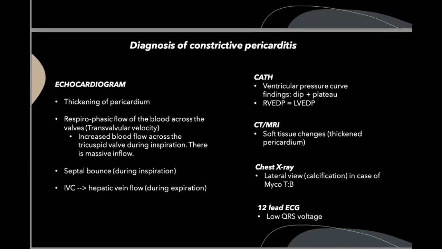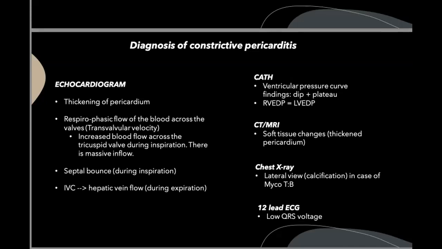Another way we can diagnose is catheterization, where we put in a catheter to measure the venous pressure and the ventricular pressure curve. We can have the jugular pressure curve, which will show a very pronounced Y descent, and it can also show us the ventricular pressure curve.